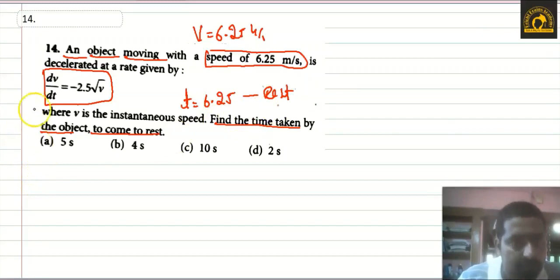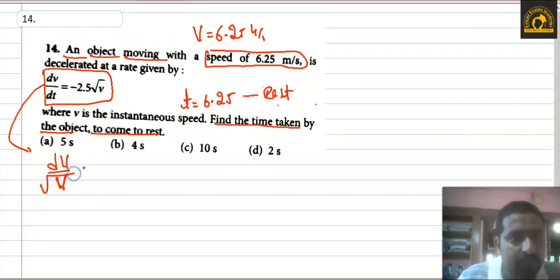According to the equation, dv divided by square root of v is equal to minus 2.5 into dt. The square root of v is shifted here, and dt is here.